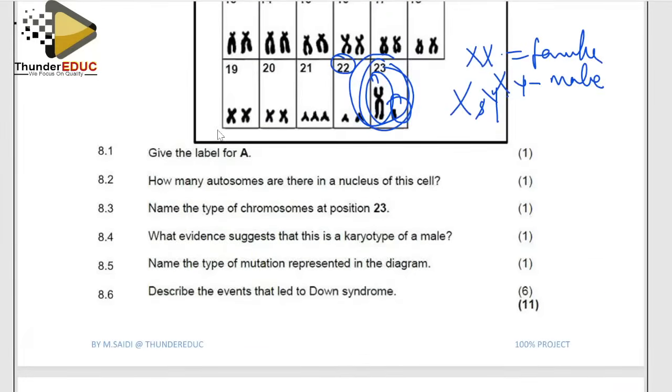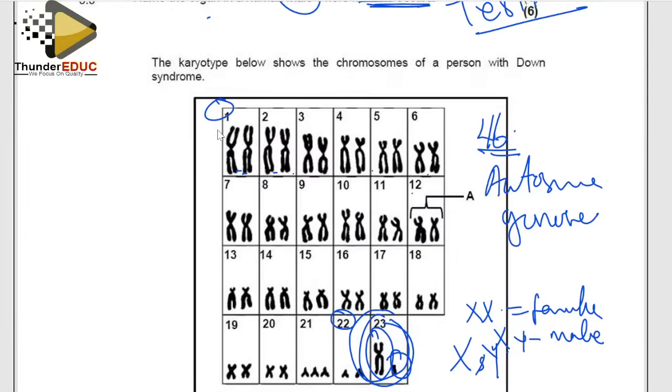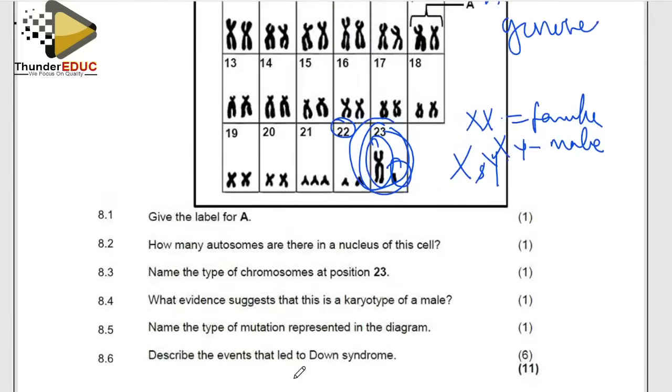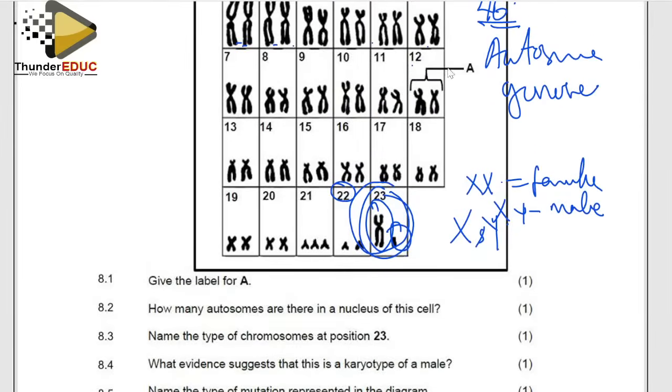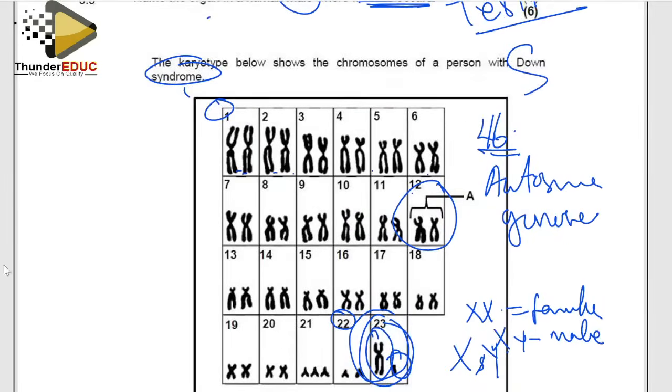They're saying that this is a karyotype of someone having Down syndrome. Label A: homologous chromosomes. How many autosomes are in this nucleus? Remember, autosomes are from pair number 1 up to pair number 22.